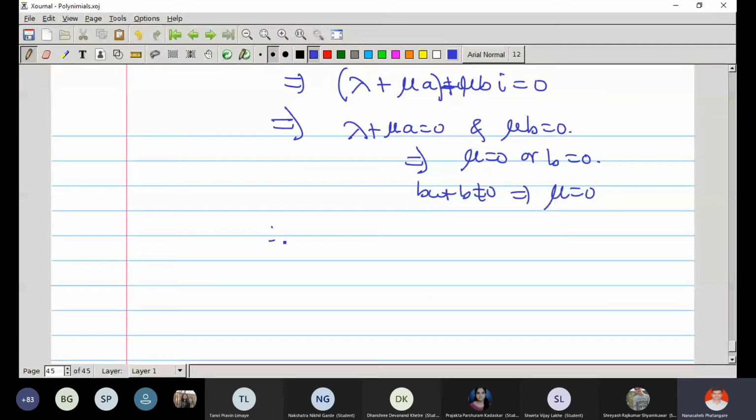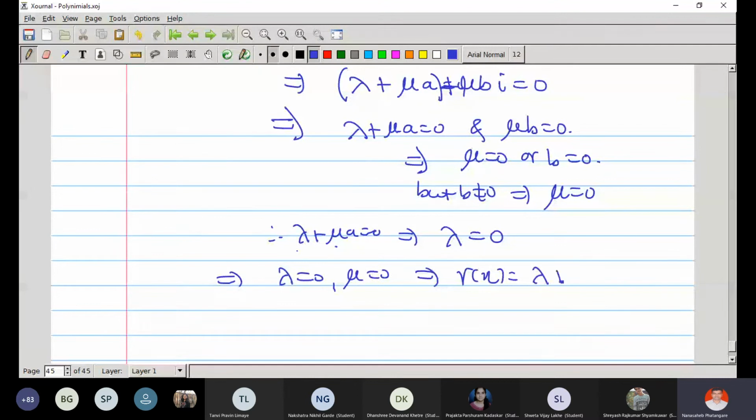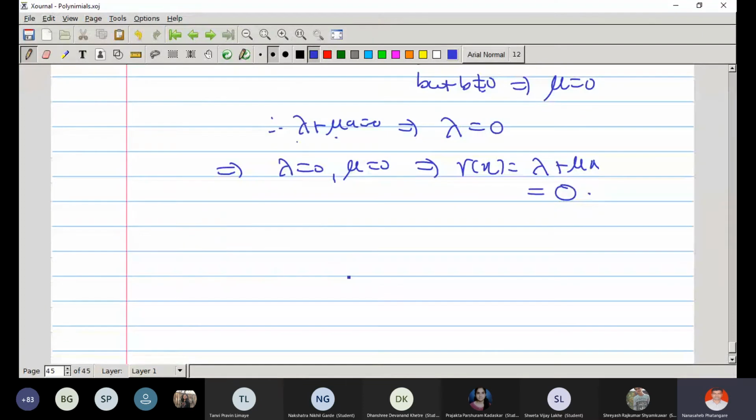And therefore lambda plus mu a is 0 implies lambda is 0 because mu is already 0. So lambda is 0, mu is 0, and therefore what is r(x)? Lambda plus mu x is 0. Correct? And therefore f(x) is g(x) into q(x).